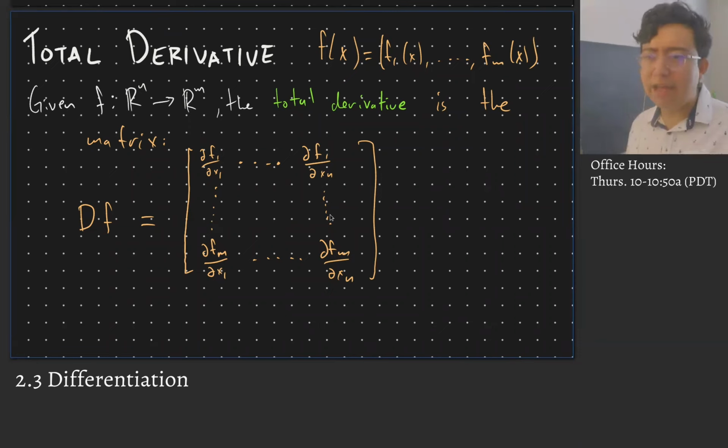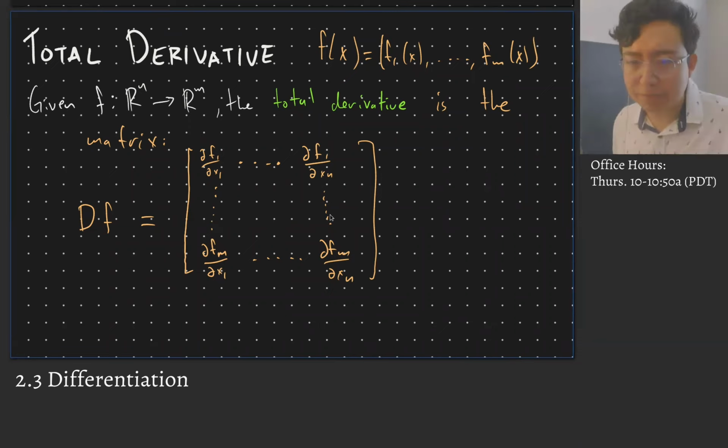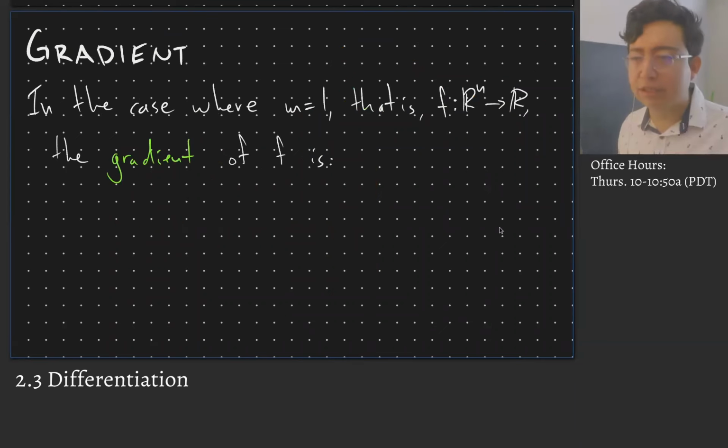Okay. And then there's one special case for the total derivative, which is what's going to be on the next slide. I'm giving you a second to get this copied down. If you take in particular a scalar valued function, the case where m equals 1, then we call the total derivative the gradient of f.